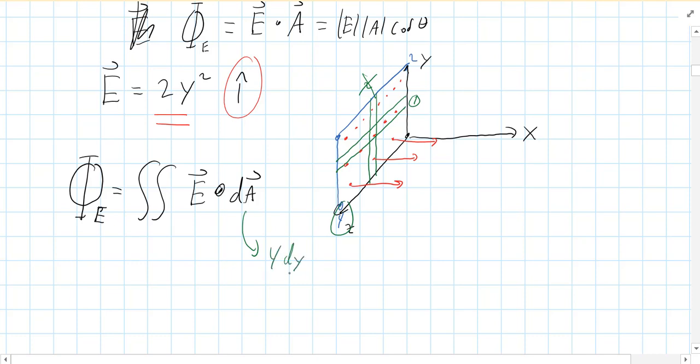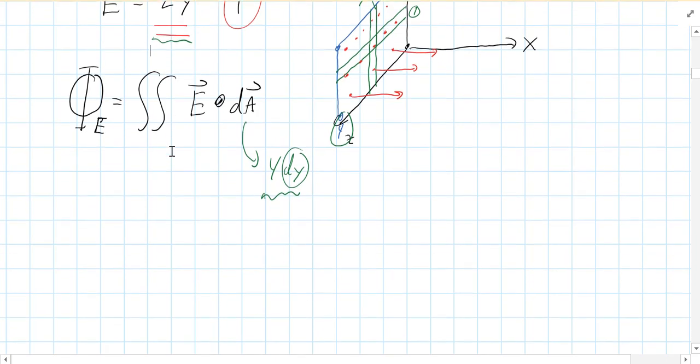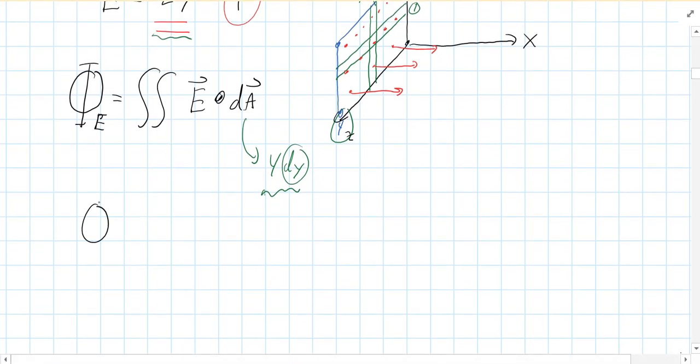Now, mathematically, here's another way to look at it. Your dA should include the variable that's in your electric field. That's a way to tell if you're selecting the right dA. In this case, because the field is constant along that dA, I only have to integrate one time. So we have our electric flux equals the integral of E, which is 2y squared, and then the dA is 4 dy.